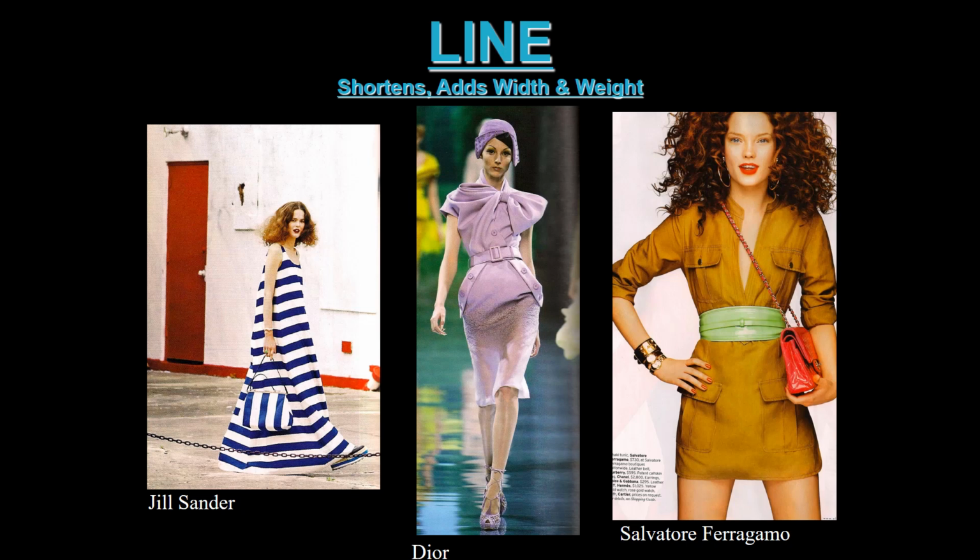In the Dior, we're putting that belt right at her waist, a little bit higher than the center of her body, in order to lengthen that leg. And the Salvatore garment, right at the center line again, we've put a nice thick wide band, and we've created a really nice balanced proportion from the top of her garment to the bottom.